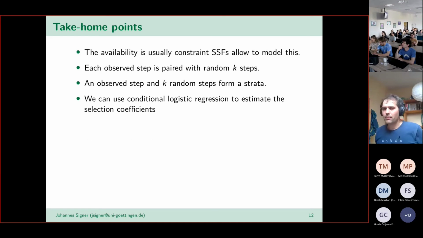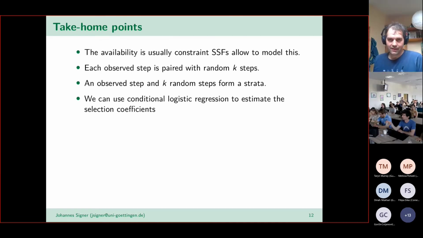So the take-home point for the step selection function is that we try to constrain the availability of the animal. We have to model the availability, we have to pair each observed step with k random steps. K could be 10, 20, 30. It hasn't been worked out what the optimal k would be.